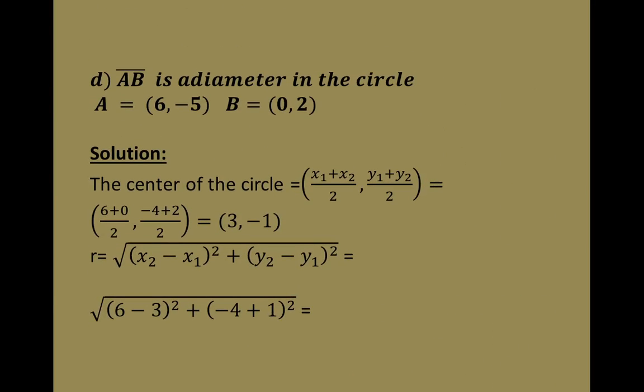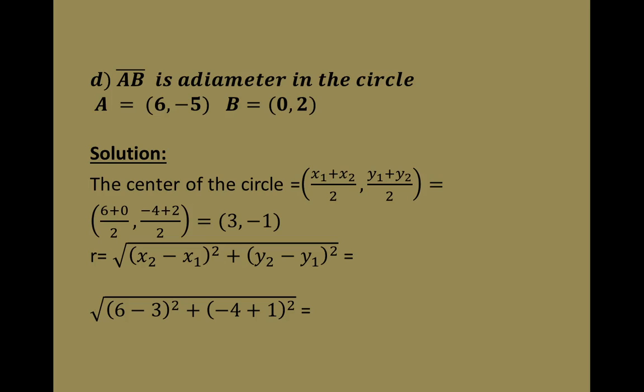Another example, given that AB is a diameter in the circle, A equals 6, negative 5, B equals 0 and 2. The center of the circle is x1 plus x2 over 2, y1 plus y2 over 2. Then the center 6 plus 0 divided 2 and the negative 5 plus 2 divided 2.